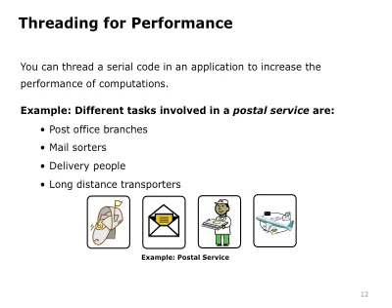Let's use this example. We have the postal service. There are different tasks involved in the postal service. We have post office branches. We have sorting machines, and we have people that deliver the letters, and also we have long distance transporters, planes or trucks.